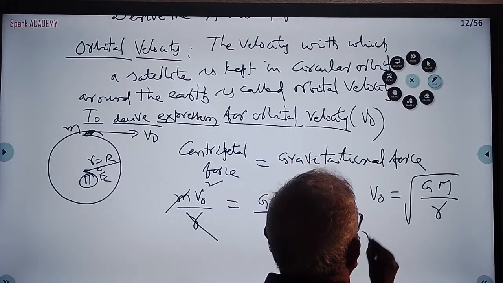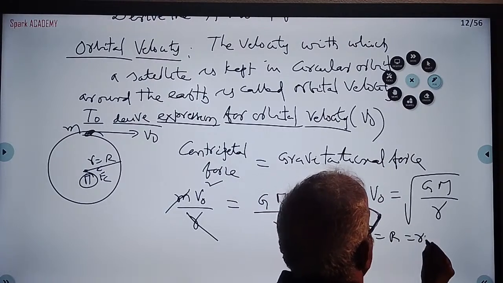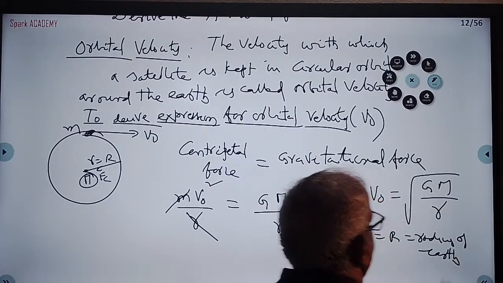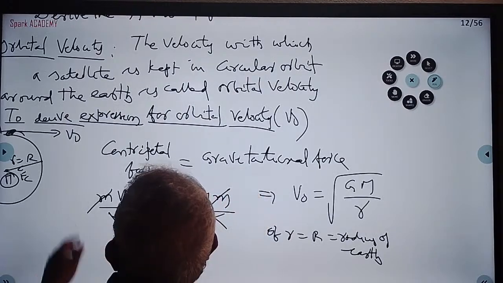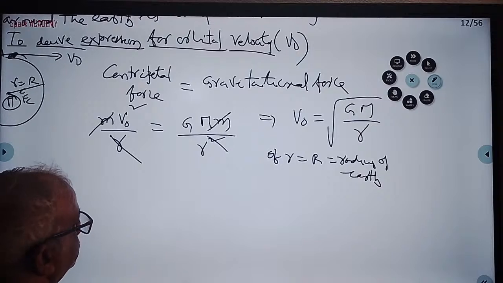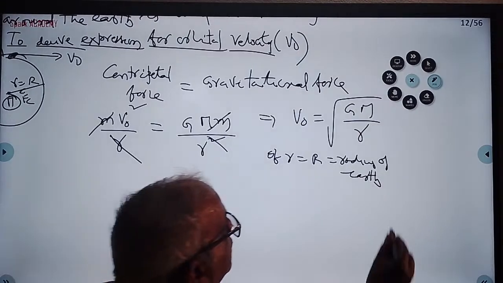If small r is equal to capital R, the radius of the earth, the satellite is revolving very close to the earth. One second, I will draw the diagram once again.